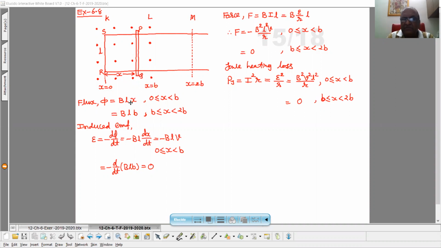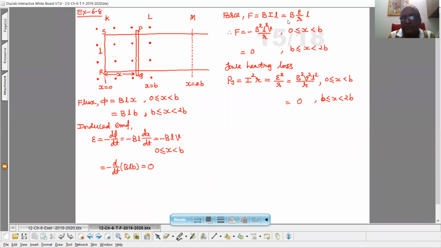But when we use this BLx, means this EMF is induced during the motion of the rod between 0 to b. But when we think about the EMF induced during its motion from b to 2b, then the flux is constant one. So differentiation of constant will come to 0. So in that particular region, b to 2b, EMF will be 0.